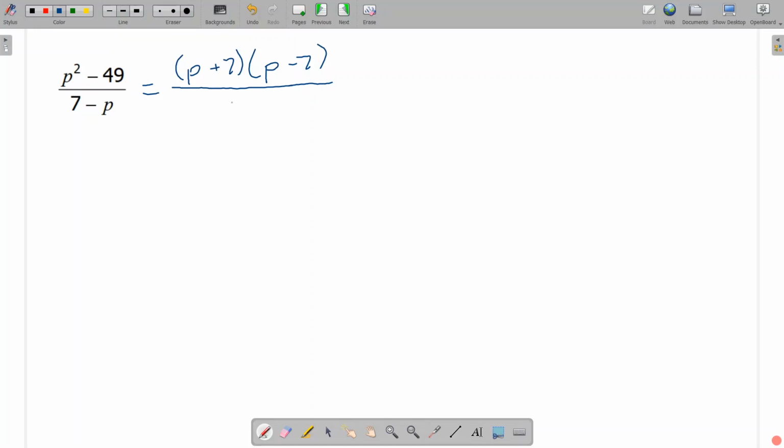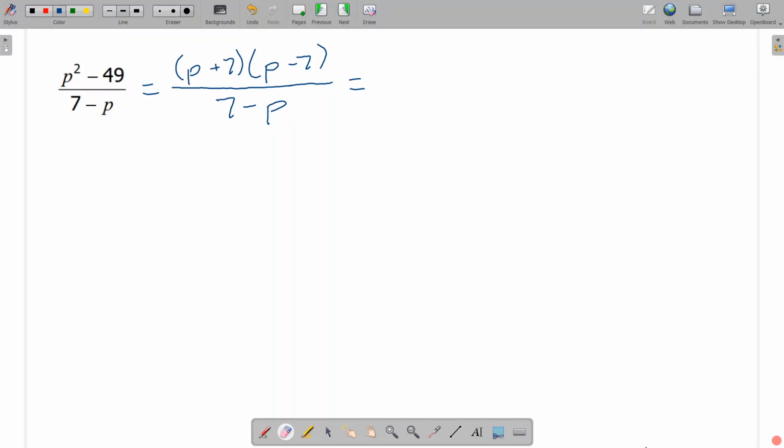What I want you to notice here is that the order matters. That 7 minus p that's in the denominator will not immediately cancel out with anything in the numerator. I can't just cancel that with the p minus 7. Those are very different. What we can do, however, is rearrange the order of the terms in the denominator.